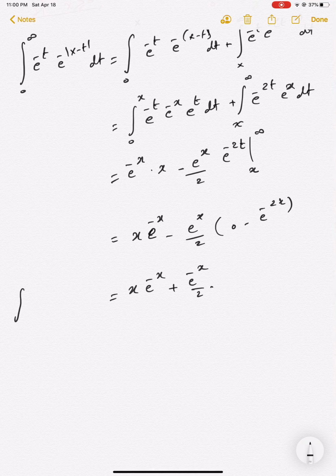So this is the integral from 0 to infinity, e to the minus t, e to the minus, when x is positive.